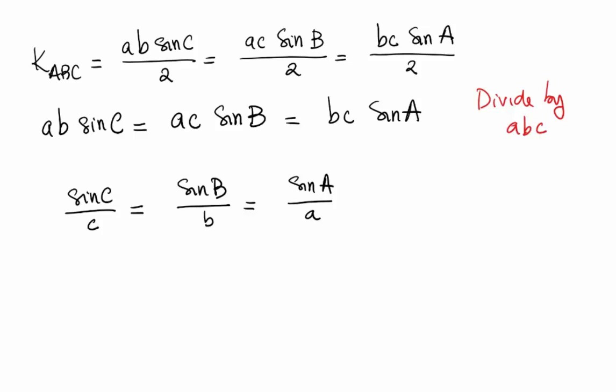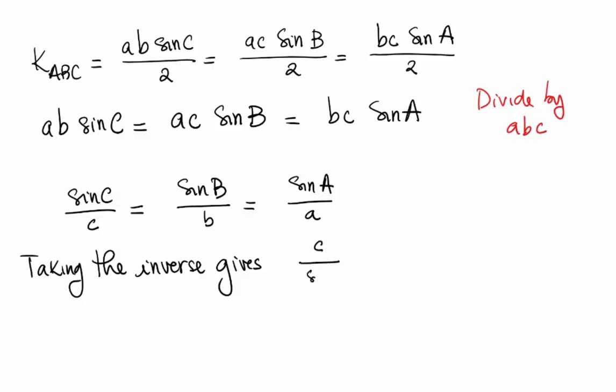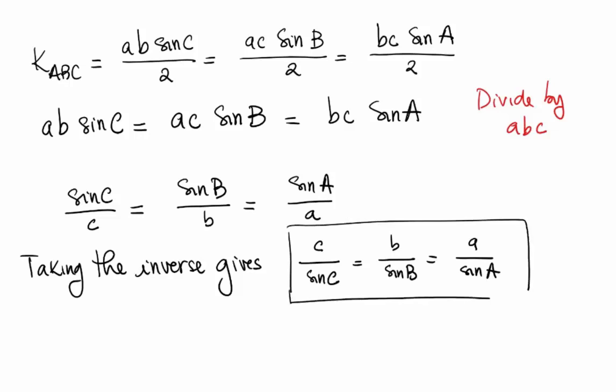Now taking the inverse gives that c over sine of C is equal to b over sine of big B, which is equal to a over sine of big A. These remarkable formulas actually have a name.